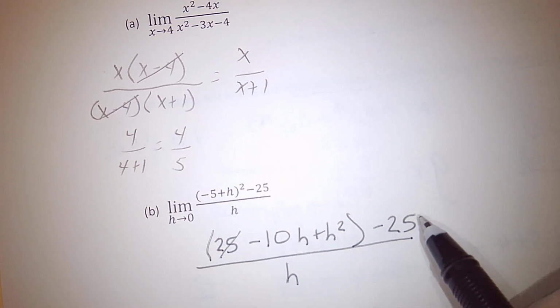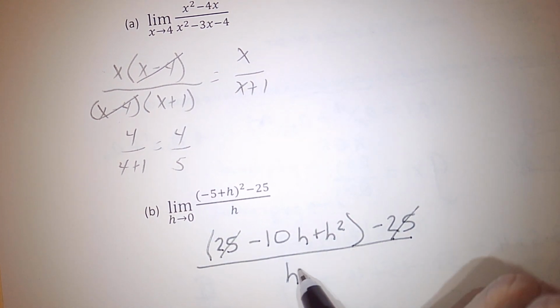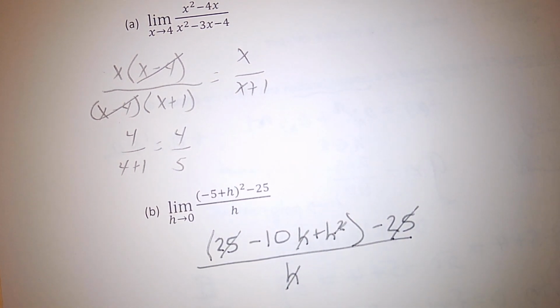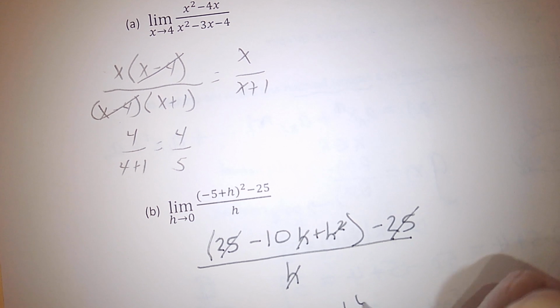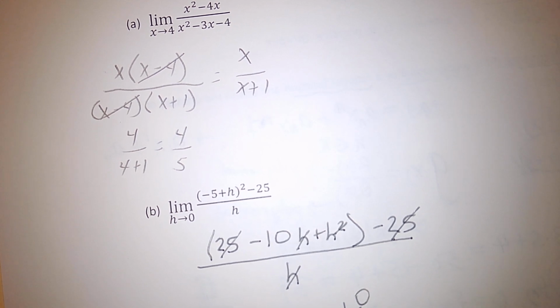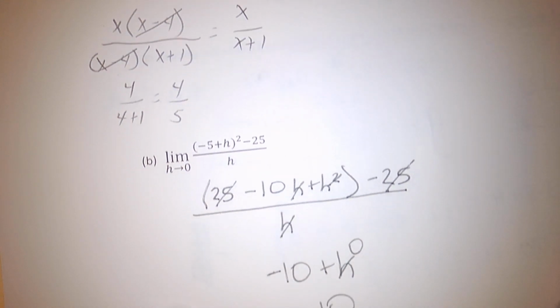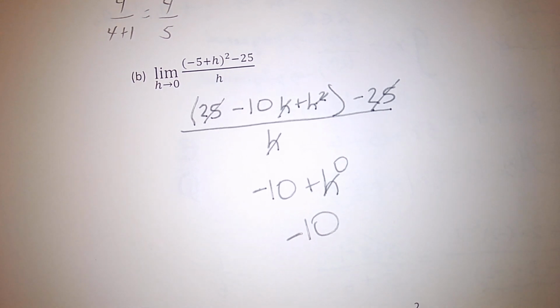Your 25s cancel, your h's cancel, so you're left with negative 10 plus h, plug in 0, and get negative 10. There you go. And then, of course, h cannot be 0. Agree with Green? Yeah. Neat. Good job. How about you group?